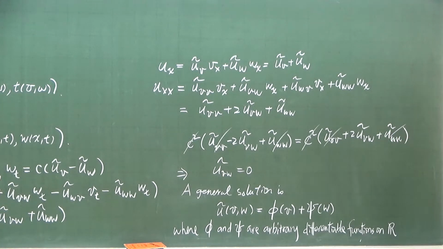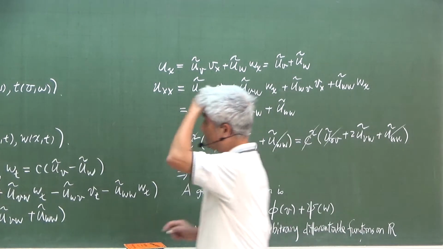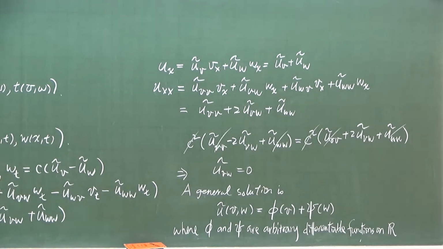Okay, because v and w here, because x can be any real number, even though c will be non-negative, but the sum here or the difference here will render v and w to belong to R, right?